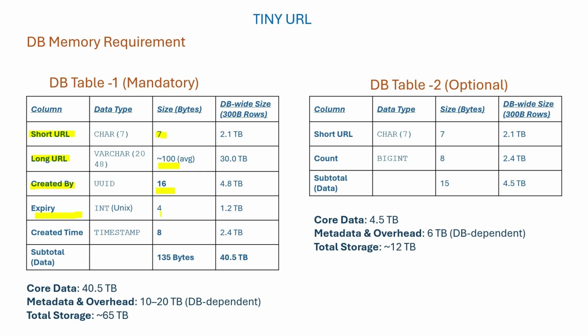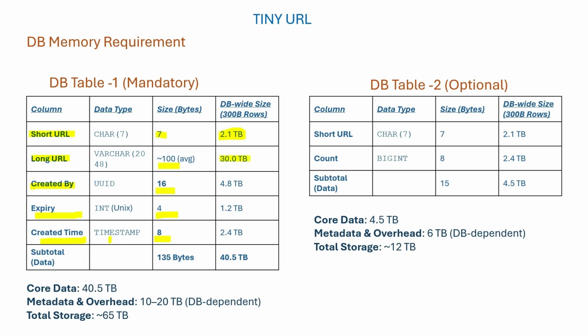Expiry would be 4 bytes, and this can be an epoch Unix timestamp. And created time, let us store it as a timestamp, and this would be 8 bytes per row. So the short URL, at 7 bytes per row, when we multiply it by 300 billion rows for a 20-year period, we might end up having 2.1 TB in the short URL column.